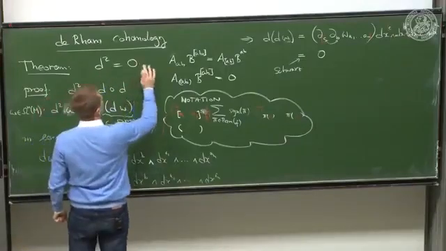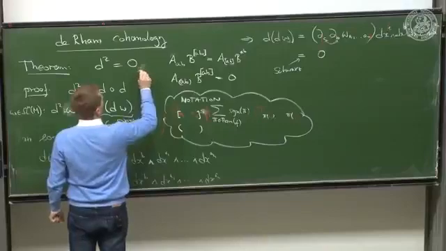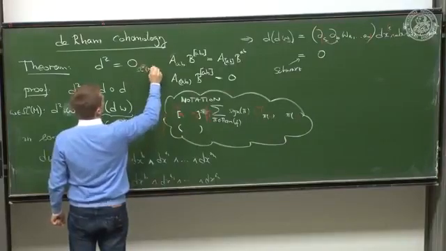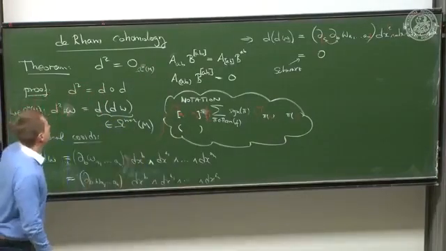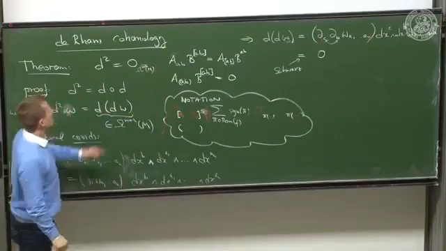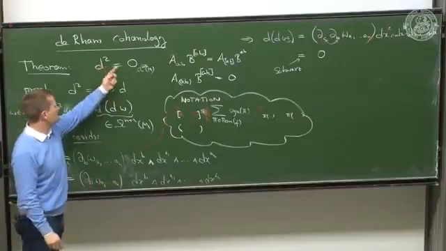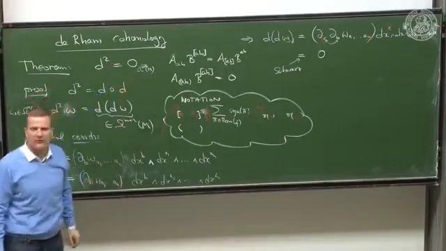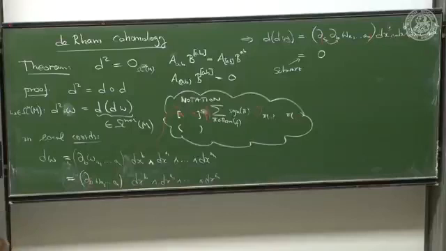So this 0 is the 0 on the n plus 2 form space, if the D originally here acted on an n form, right? So D squared is 0, and that's an essential thing.